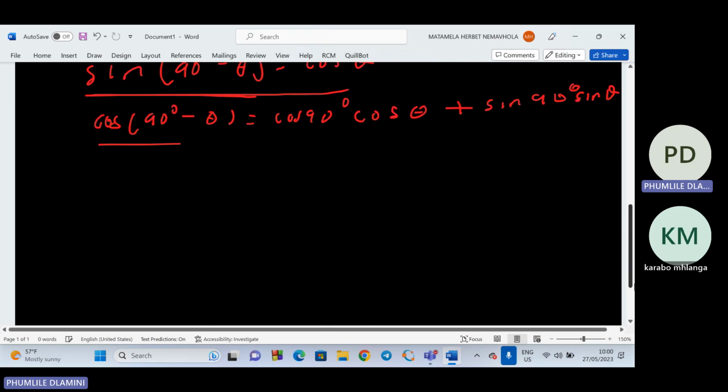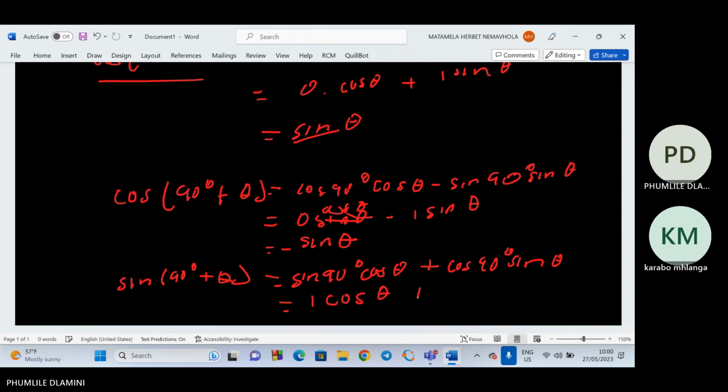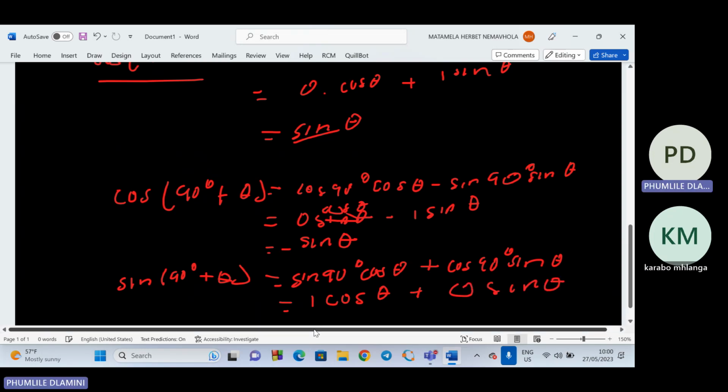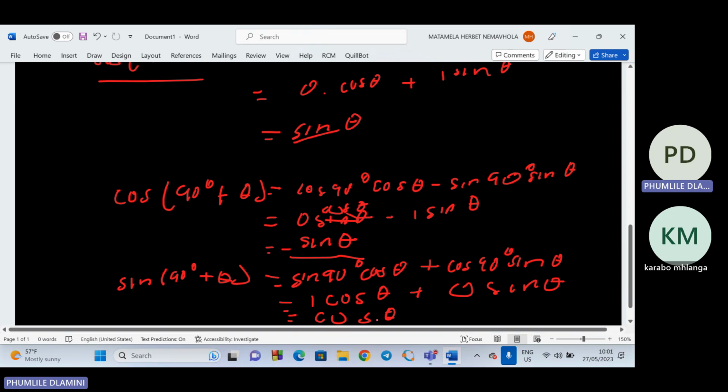Sine 90 is 1 and cos 90 is 0, so the answer equals cos of theta. So now you know that cos of 90 degrees plus theta equals negative sine theta, and sine of 90 plus theta equals positive cos theta.